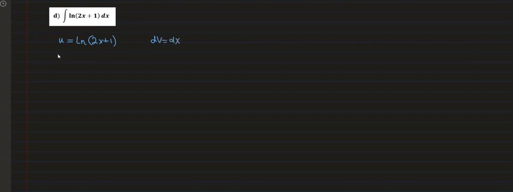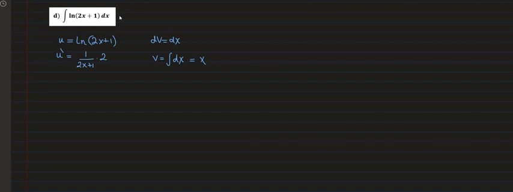The derivative of u, which is u dash, we can write du as we did, or u dash. The derivative of the ln of something is 1 over that thing times the derivative of that bracket. The derivative of 2x is 2, and plus 1 of course is 0. Now v is the integral of dx. The integration and the d go together, and this is the x.